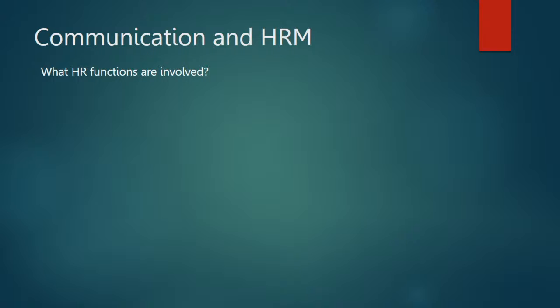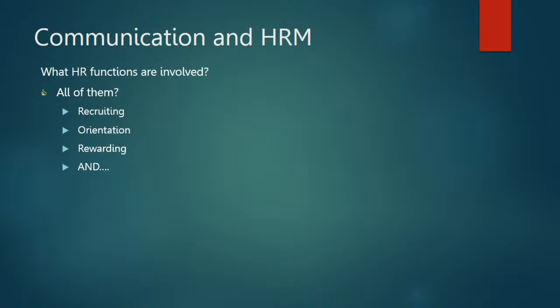Similarly, bulletin boards, newsletters, and gossip, as I discussed earlier, are the different sources used to disseminate information in the organizations. So all of this information and the communication process is important as far as the different HRM functions are concerned.